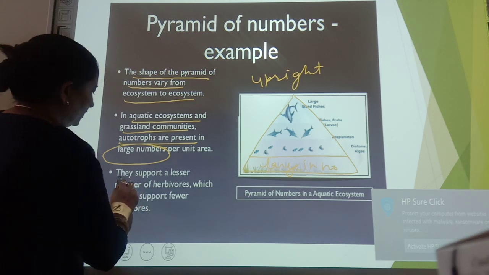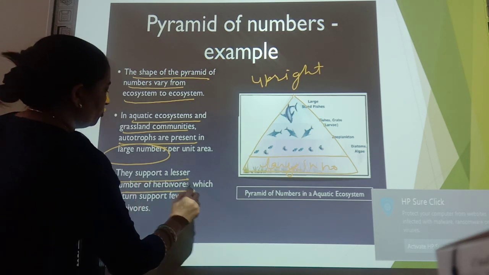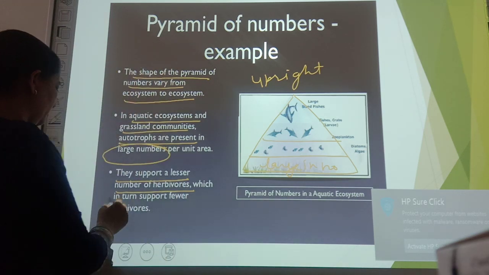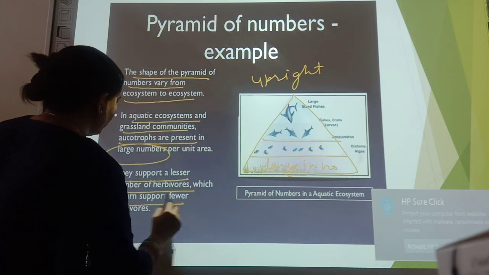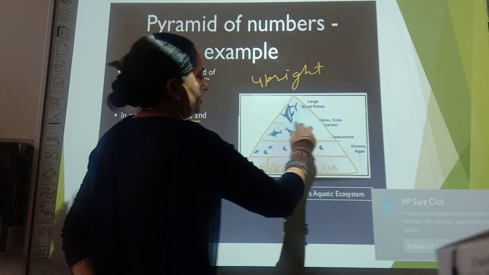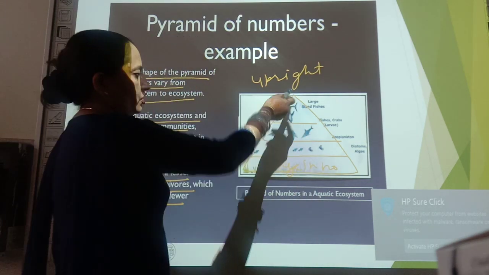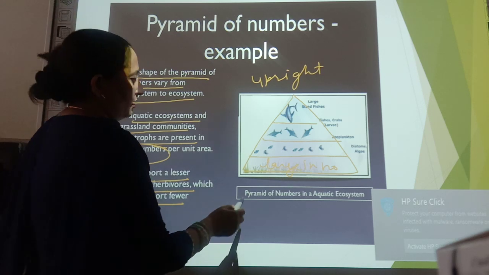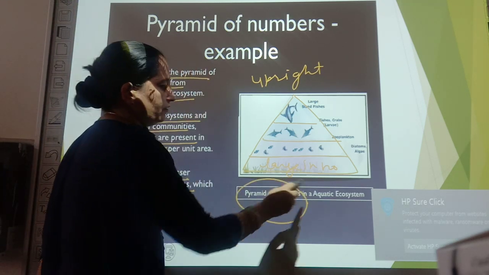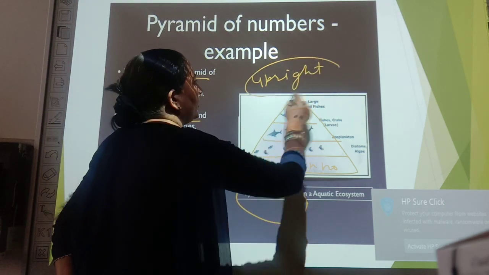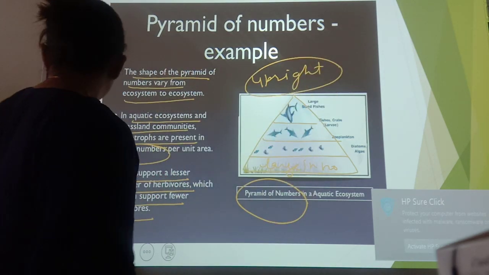So they support a lesser number of herbivores, and in turn support fewer carnivores, and these carnivores are further reduced at each level. So in the pyramid of number in an aquatic ecosystem, such an upright pyramid is formed.